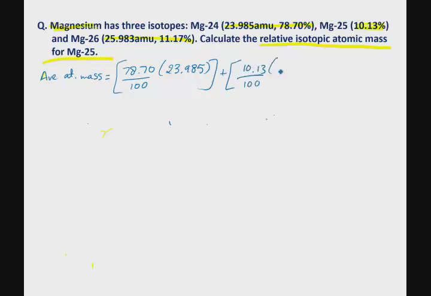That's what we have to calculate, so we put an X there, plus the third isotope 11.17 divided by 100 times 25.983 for the third isotope.